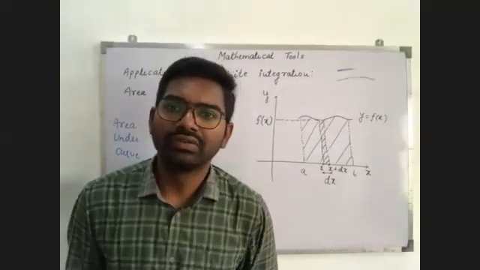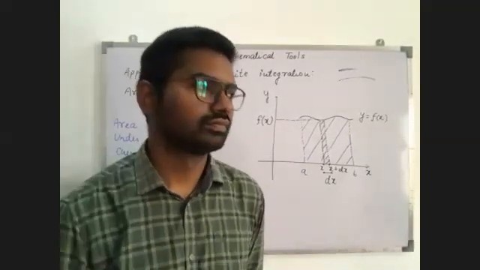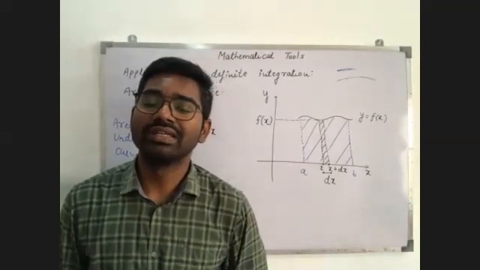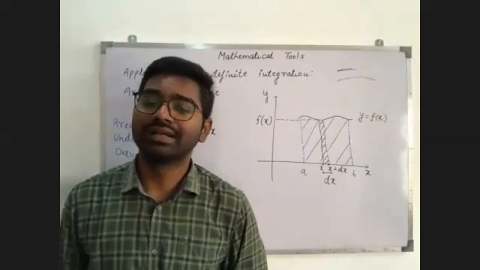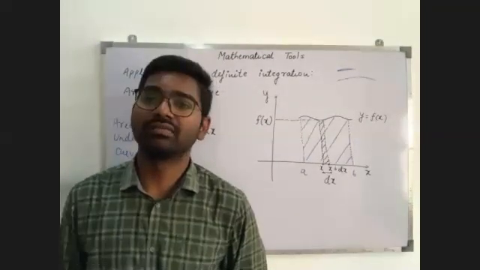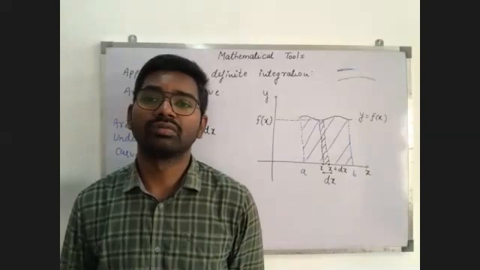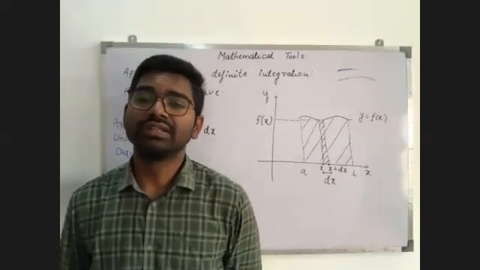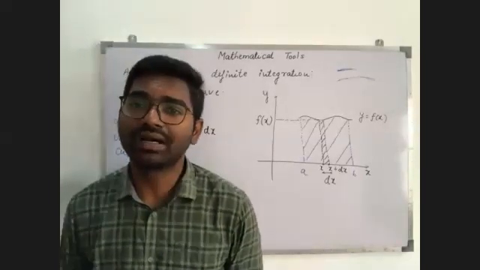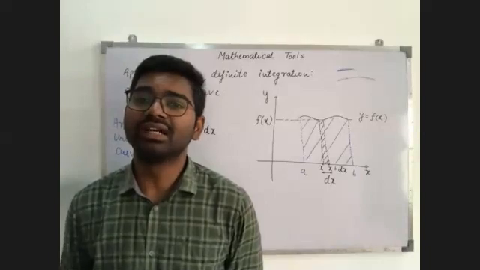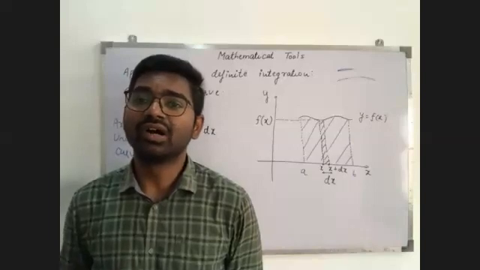Why calculate the area under the curve? What is the use? Satvik, the use of area under the curve is, if you want to find the area under x square, any quadratic equation. In the next chapter we will see that if they have given the VT graph, and let's suppose it is a quadratic graph, then the area under the VT curve gives us the physical quantity called displacement.